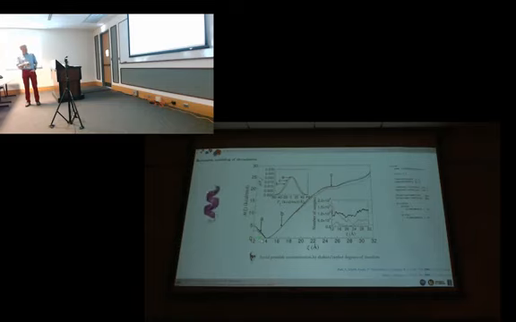Here I'm showing the probability distribution of the force, so I'm storing the force for different values of the reaction coordinate, at A, at B, and at C. What you can see, if I'm at A, it's Gaussian distributed, and the peak of my Gaussian distribution is slightly on the positive side because my free energy is going down, right? And if I'm at B, it's slightly on the negative side because I'm going up in free energy. And when I'm at C, it's almost at zero because it's almost like a flat free energy landscape.